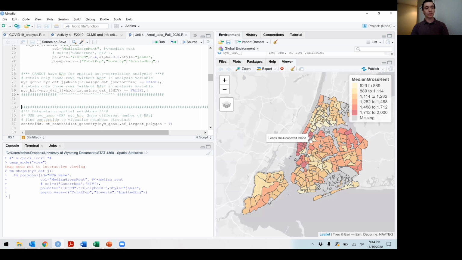So we're going to go through this, and first of all, once we pick an outcome variable, in this case gonorrhea and HIV, gonorrhea on line 77, HIV on line 79, I want to only retain those polygons that don't have an NA. By the way, there are some missing polygons here.